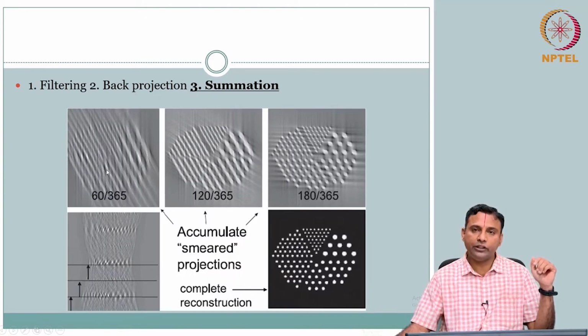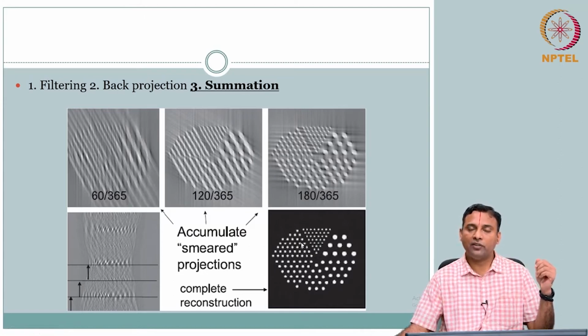You notice each of the back projection images itself is lousy, but when you start to add them, the more you add, you get the final reconstructed image like this. Now you compare this image, you can go back and look at the notes. When we started, we gave this template image. We said, okay, what happens to this image?